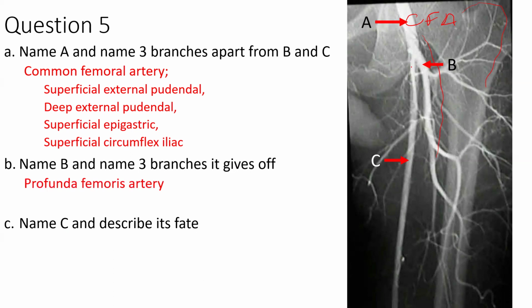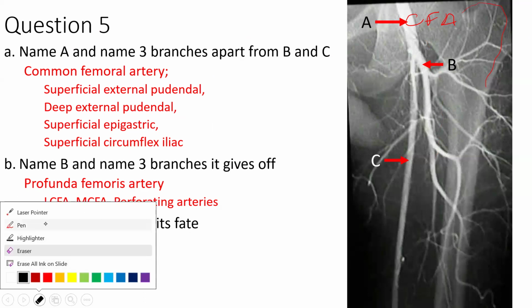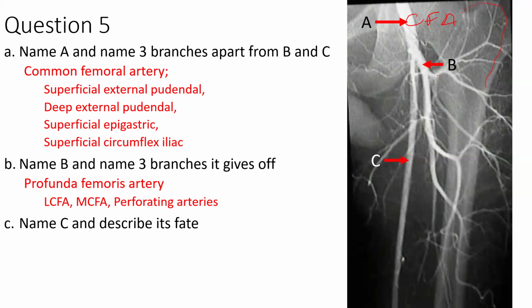It gives off the medial circumflex femoral artery, the lateral circumflex femoral artery. This here is the lateral circumflex femoral artery. Let me point it. Yeah, that one there, you can see it. That there is the lateral circumflex femoral artery.